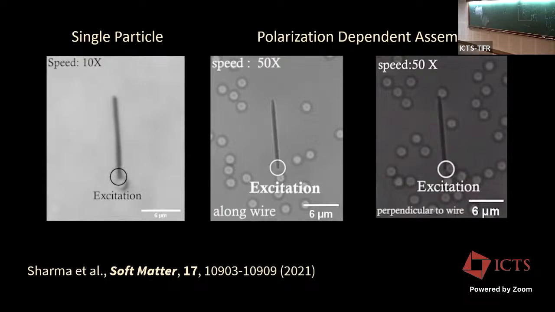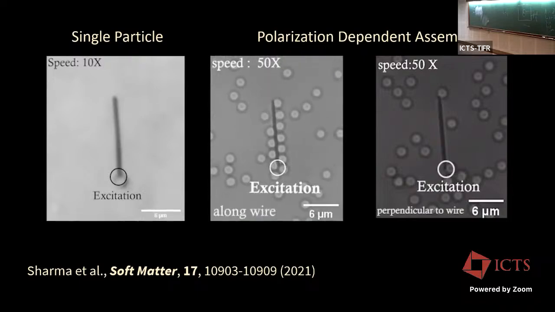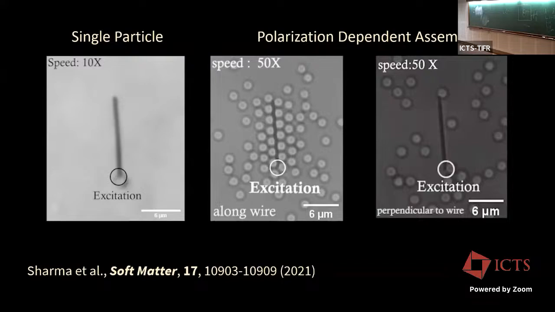If you increase the concentration of these colloids, you can study crystallization, where the point of illumination now becomes the nucleation center, and you'll form this very beautiful hexagonal packing. What is interesting is that this crystallization is sensitive to the polarization of the light which is illuminating it.